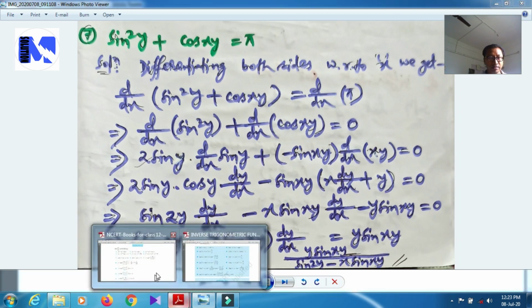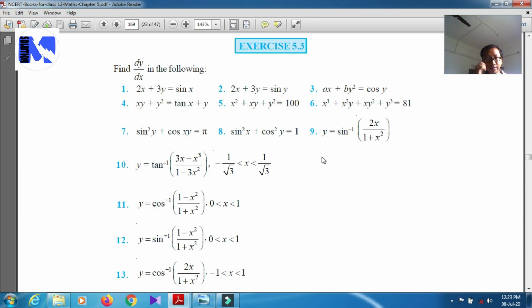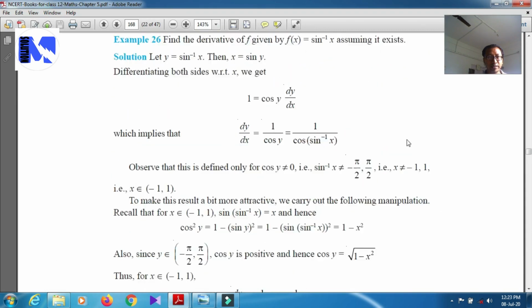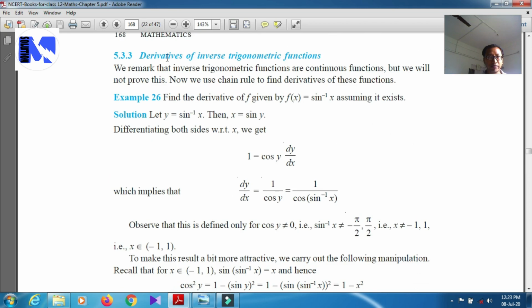Next question, I have done question number 9. It is given in sine inverse. That means we have to learn how to differentiate the inverse trigonometric function, derivatives of inverse trigonometric functions.